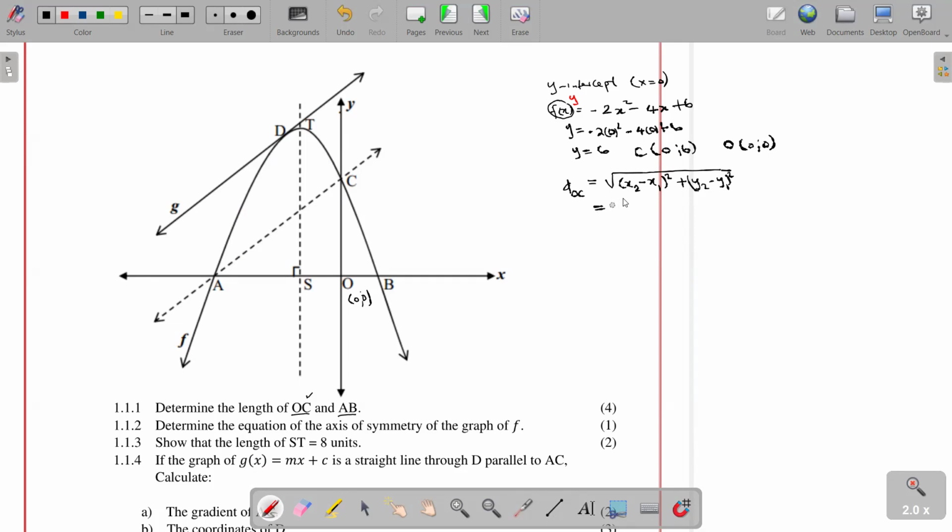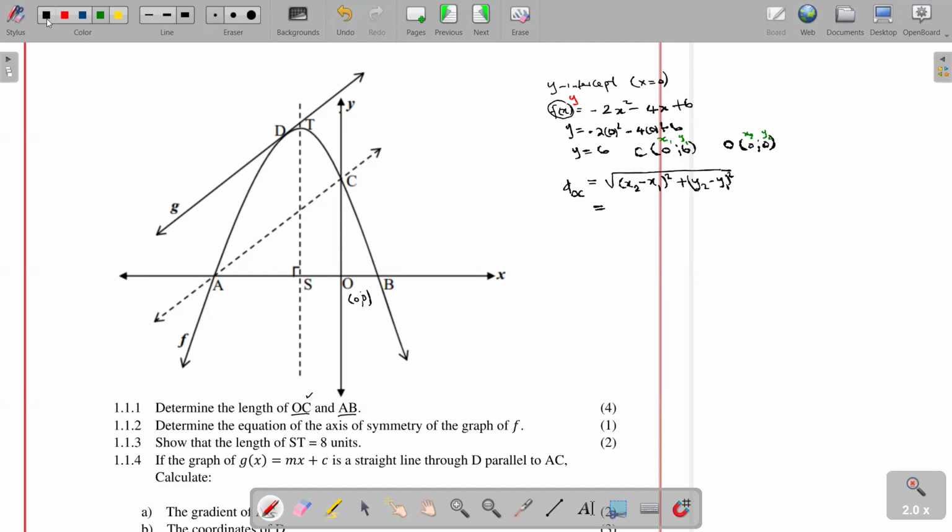If we take these coordinates, maybe this is our x1, this one our y1, this one becomes our x2, and it becomes our y2.